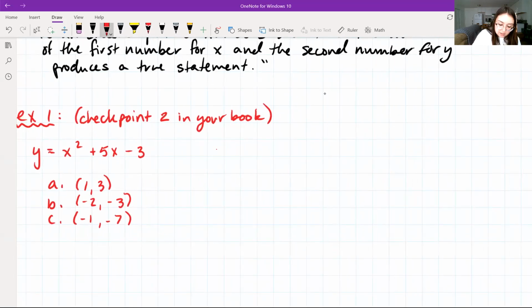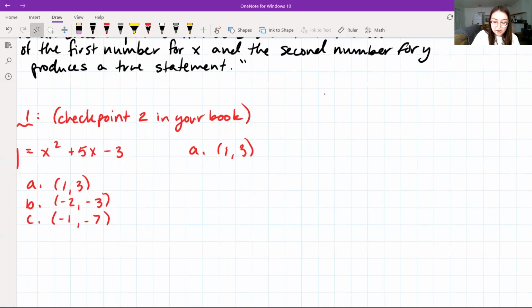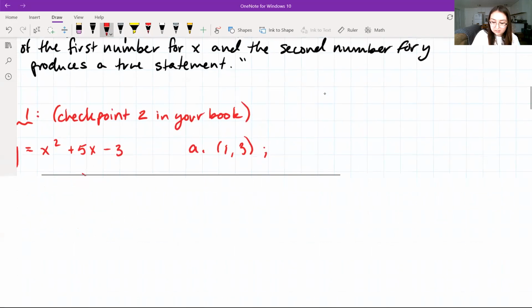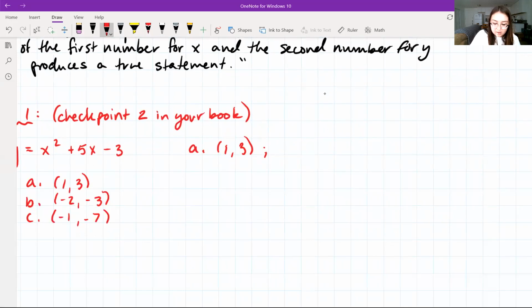All right, so if we start with A here, we have (1, 3). So this ordered pair means that our x coordinate is 1 and our y coordinate is 3.